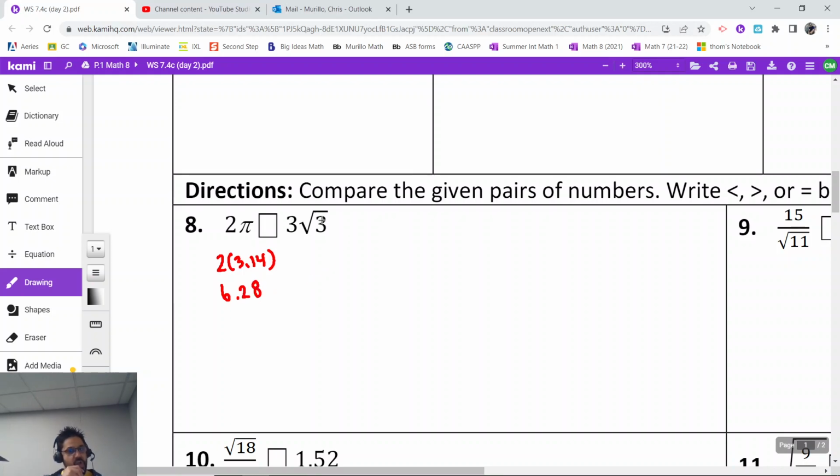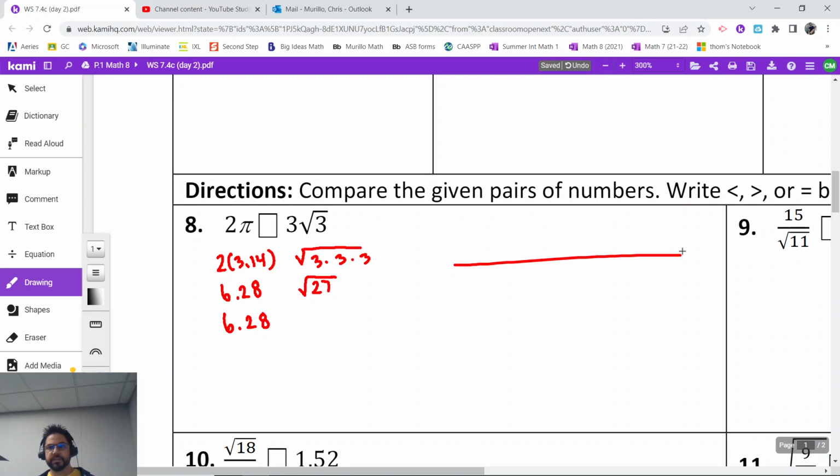And then for this one, instead of saying 3 times the square root of 3, I can say, bringing this inside, got a pair of 3's, and then the 3 from the left over, which really gives me the square root of 27. Now, I don't know what the square root of 27 is, but as soon as I figure it out, then I'll be able to compare. So bring it over here to the side.